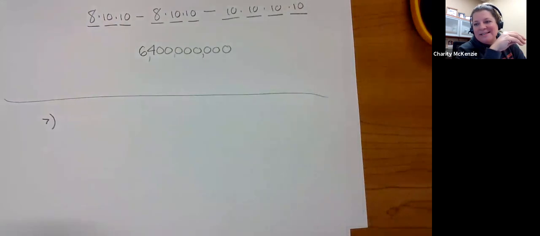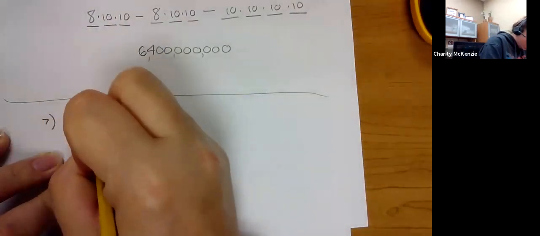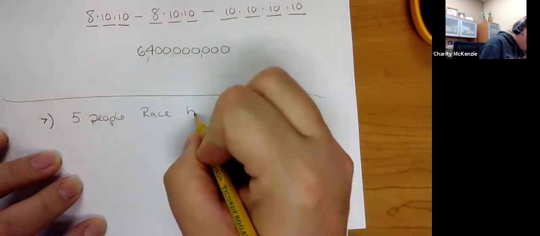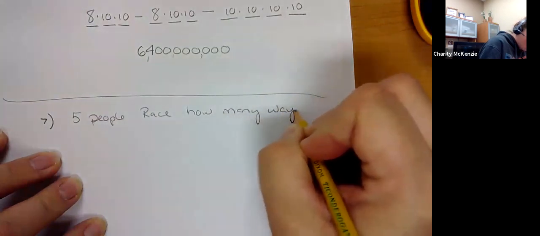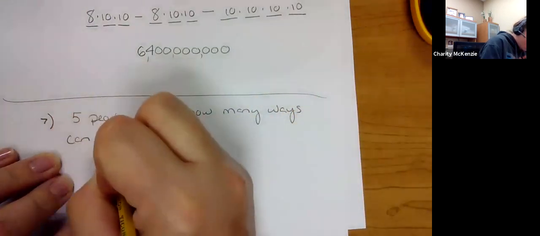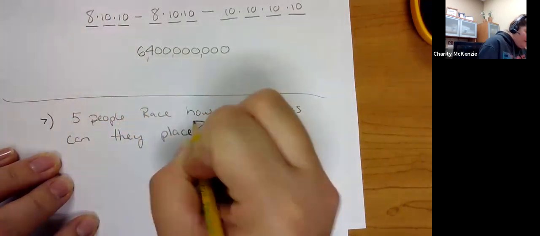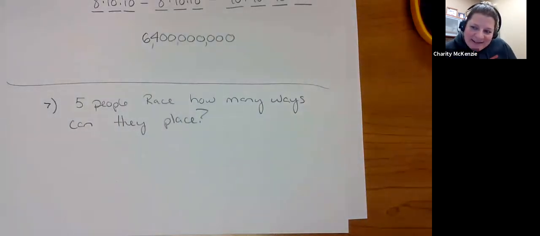How many ways can they place? So if I have 5 people, and we're all running, how many different ways can they place?